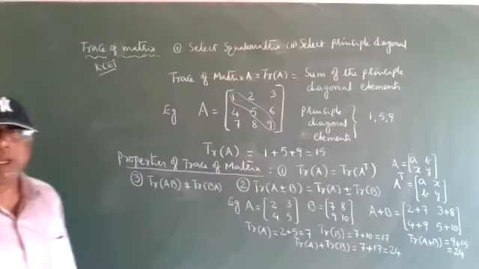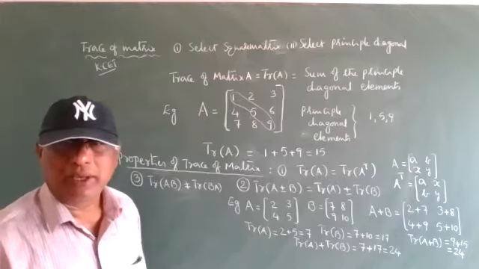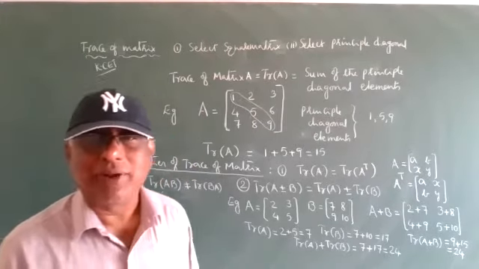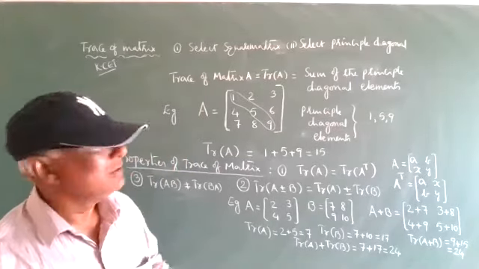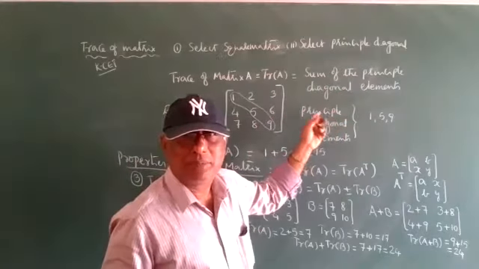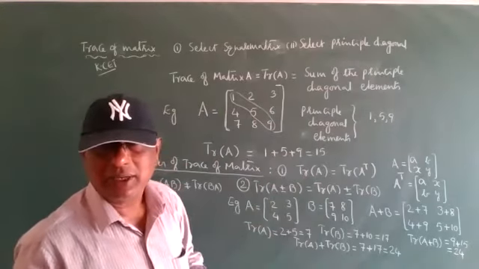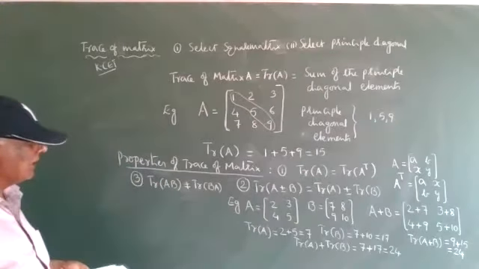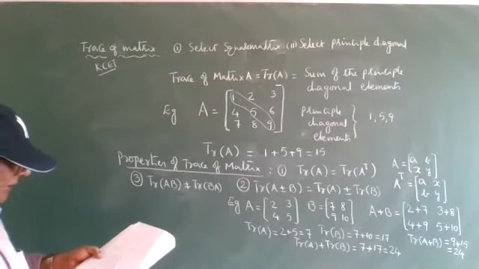Trace means, what is the definition of the trace? It is the sum of the principal diagonal elements. So when principal diagonal elements are added, that is called the trace. Okay? Everyone see, trace of AB is not equal to trace of BA.